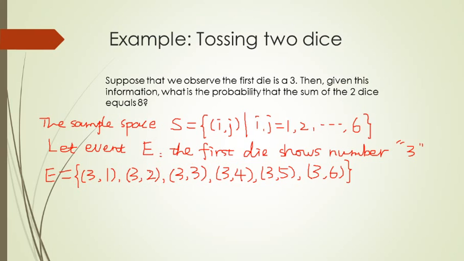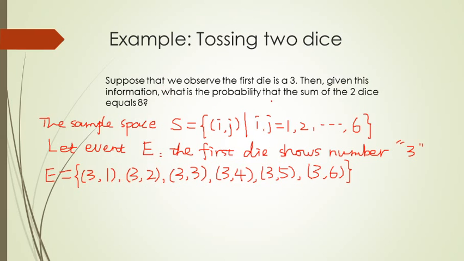When we define the event E, the first die shows the number 3. Now let's read it. Suppose that we observe the first die is 3, then given this information, that means given the first die is 3, we know the first die is 3, so that will be all those outcomes.